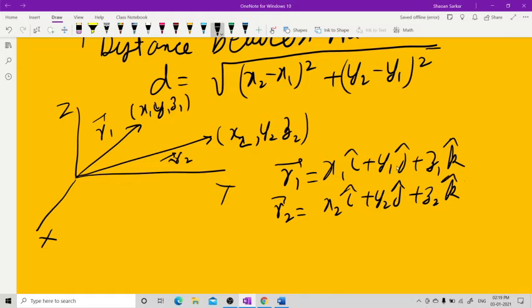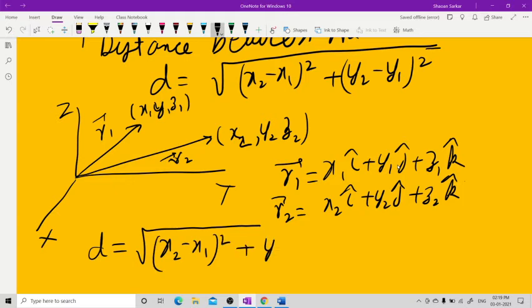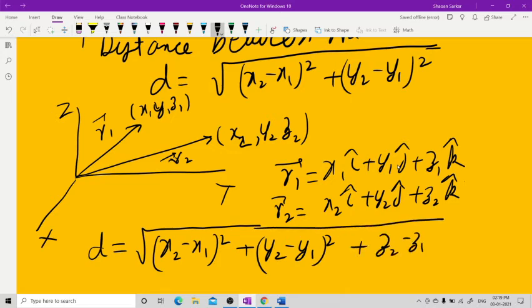Now you want to find the distance between these two. You just have to add one more component here, like you did in class 10th: under root of x2 minus x1 square plus y2 minus y1 square plus z2 minus z1 square.